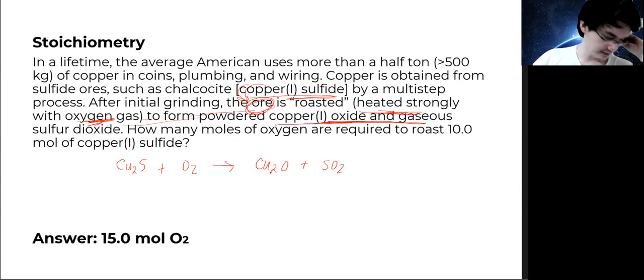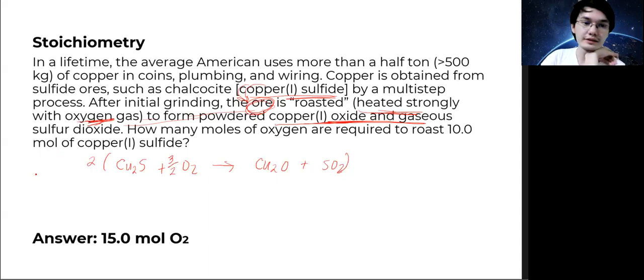So, we have three oxygen atoms on the product side, and two on the reactant side. To make the reactant side three, we multiply the oxygen by three halves, so the 2 cancels, right? Since fractions are not allowed, we multiply everything by 2.